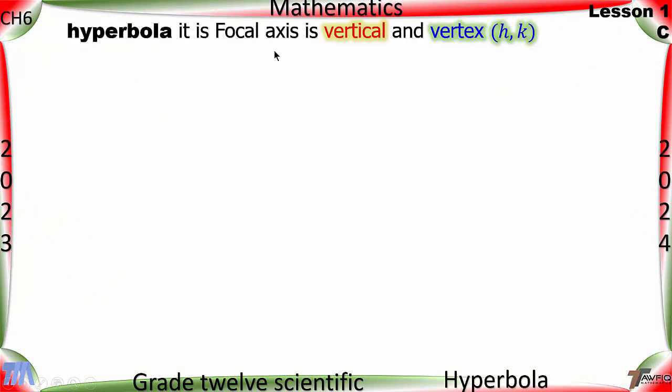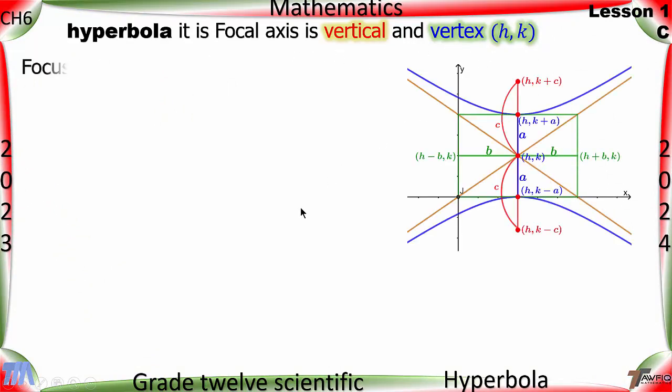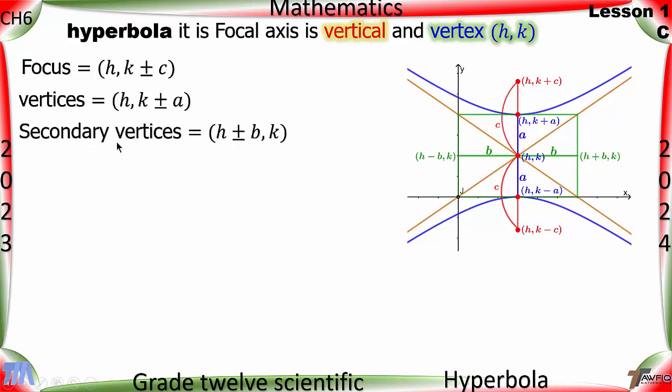Hyperbola, its focal axis is vertical and the center is (h, k). Then the foci are (h, k ± c), the vertices are (h, k ± a), and the secondary vertices are (h ± b, k).